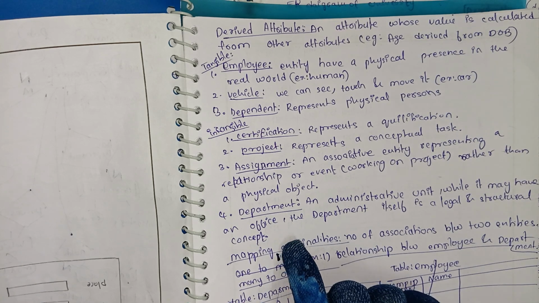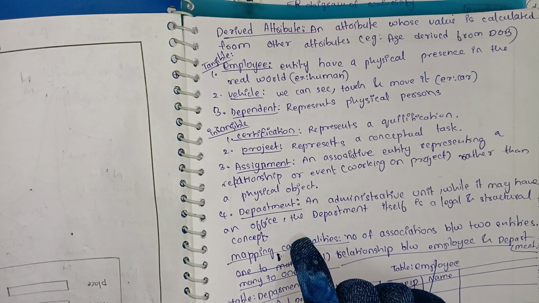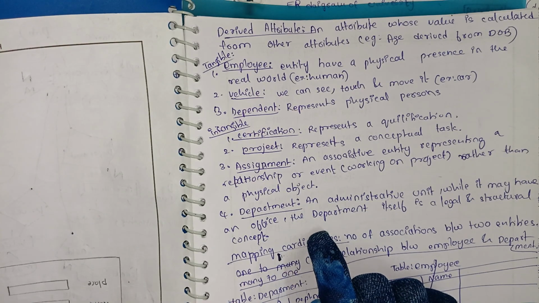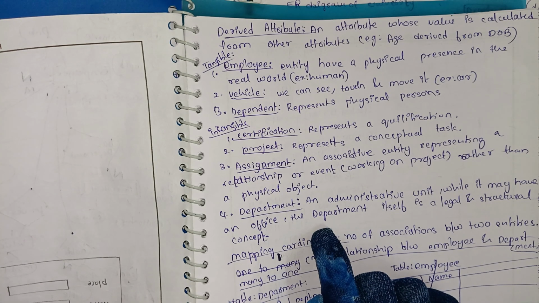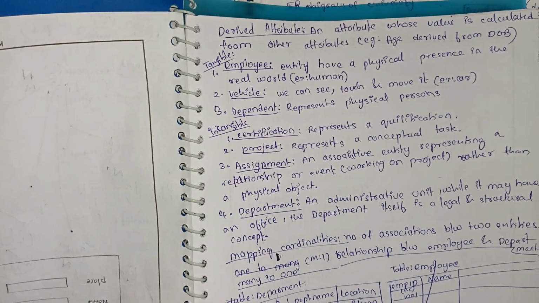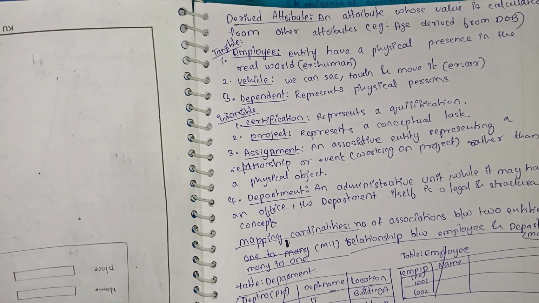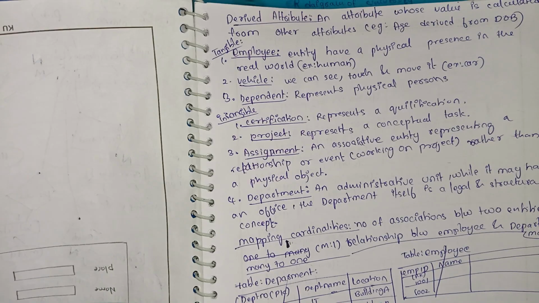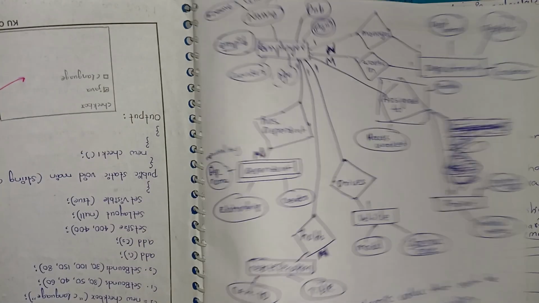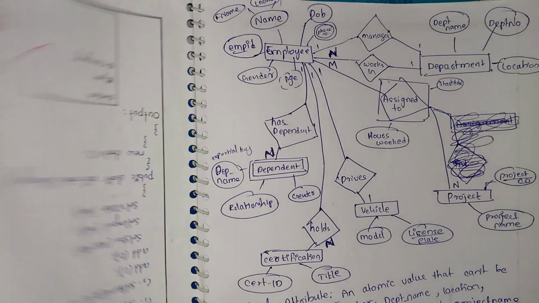If one asks what's your department, then we will say CSC or CSD or like that. So it's a logical and structural concept, not a physical thing, okay. That's why they are tangible and intangible entities.